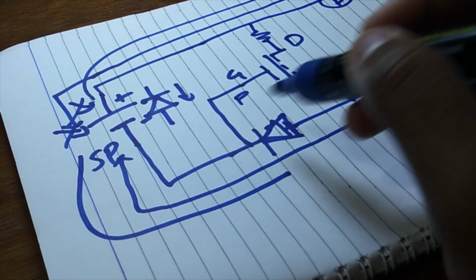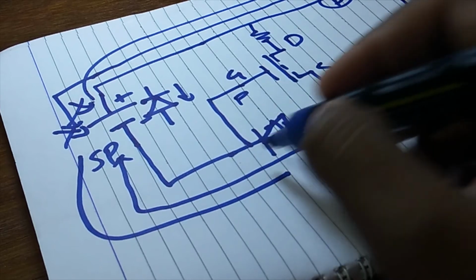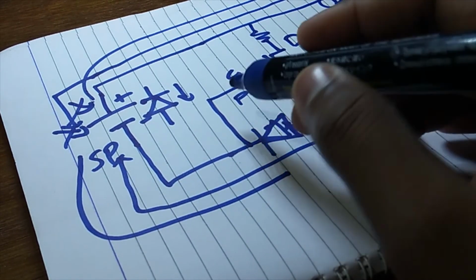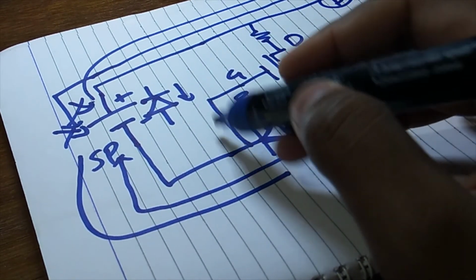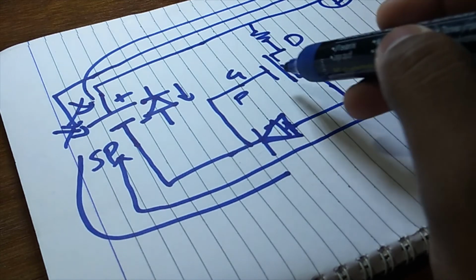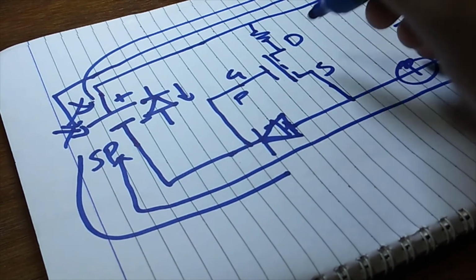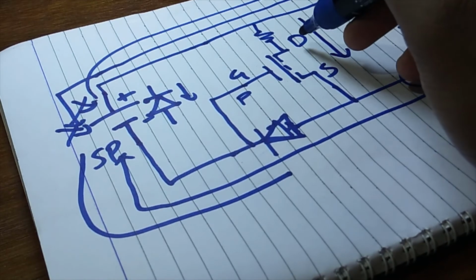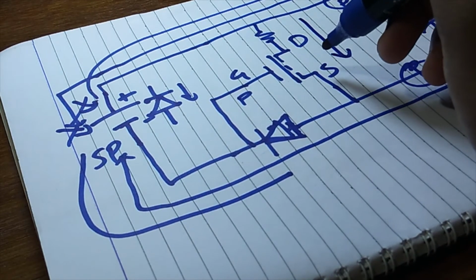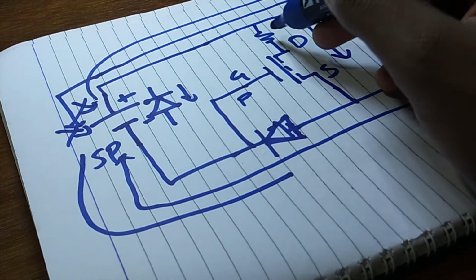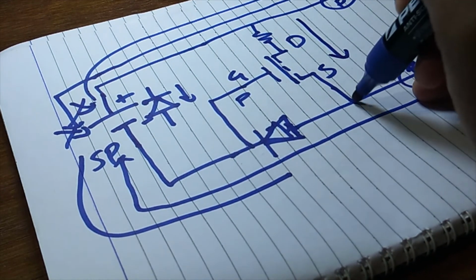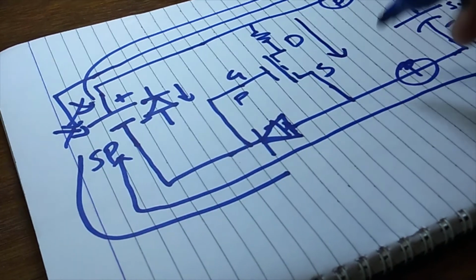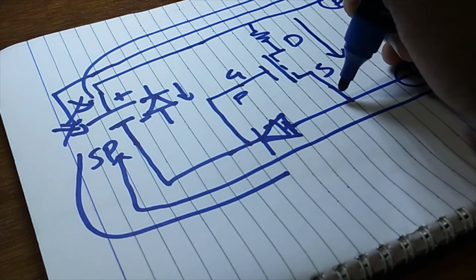But when the reverse happens, a positive voltage is developed, the gate gets to a higher positive potential, and this guy starts conducting. When it conducts, it will act as a closed switch and connect this point and this point. When this happens, there is a current flow through this path.